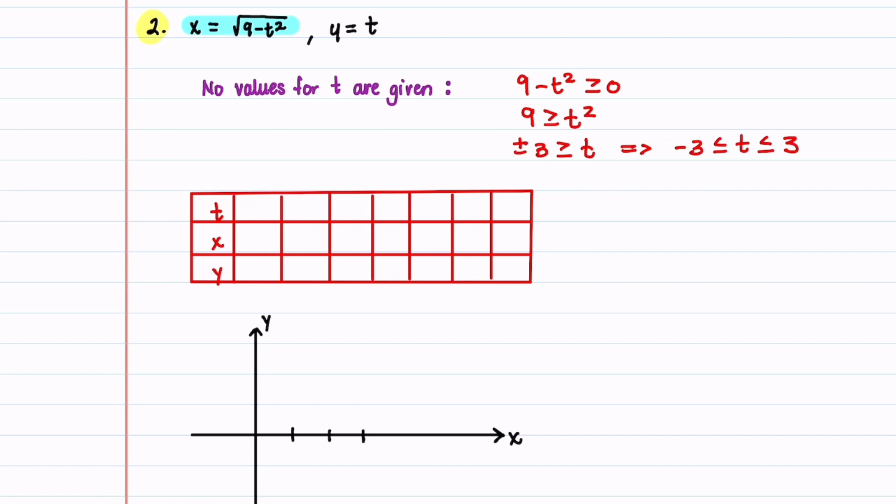Let's put these values of t into our table. We start with -3, then we have -2, -1, 0, and then we have 1, 2, and 3. Looking back up at these two equations, when t is -3, x is 0, and y is -3, the rest of our values look like this.